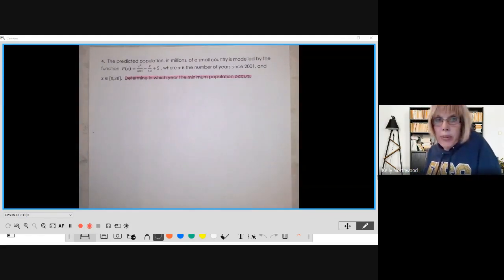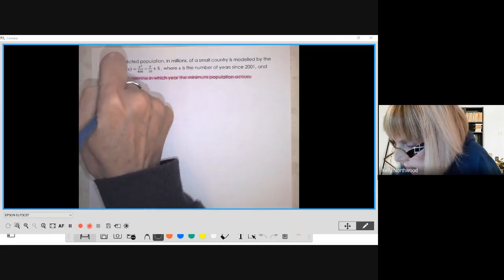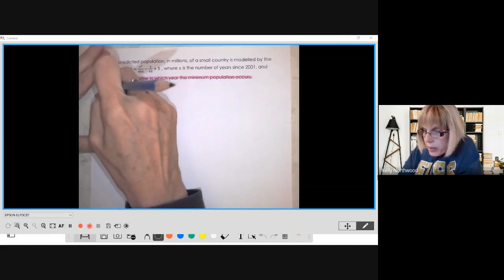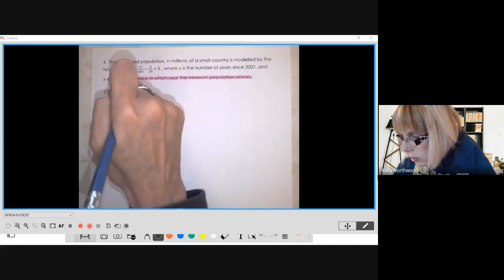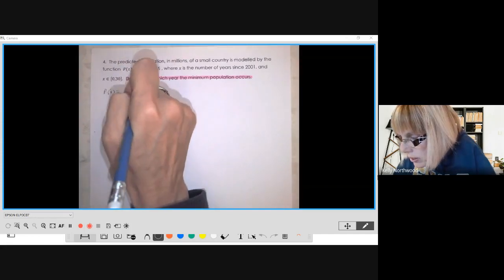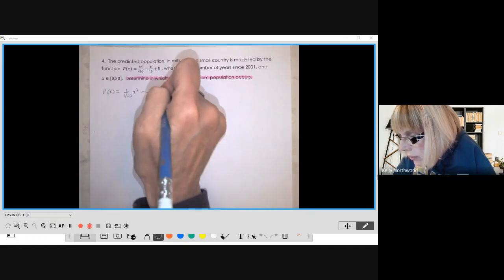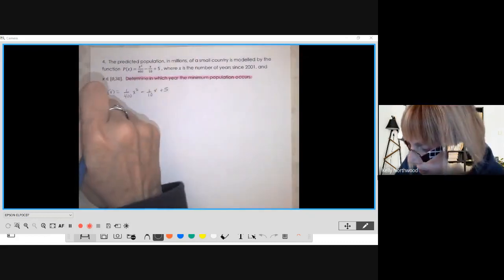So the first thing we want to do is find P prime at X. Maybe we want to rewrite it first. Maybe I'll just rewrite it. So just rewrite P at X so that it's 1/400th X squared minus 1/10 X plus 5. Many of you probably don't need to do that, but just in case.